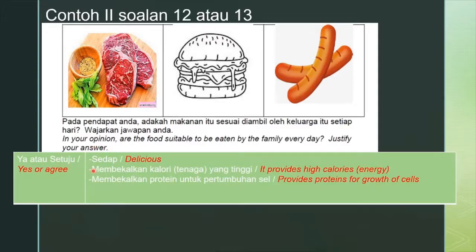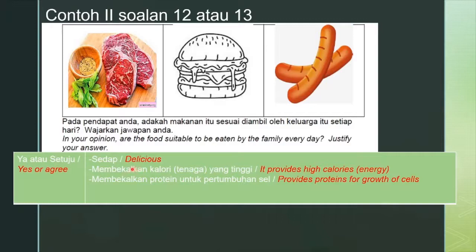So students, you can choose either you agree or disagree with the statement or with the diagram. Alright, you can choose either one because this question is asking our opinion. So you can choose either disagree or agree. Alright, so if you choose to agree, then you need to give three justifications why you agree with the statement.